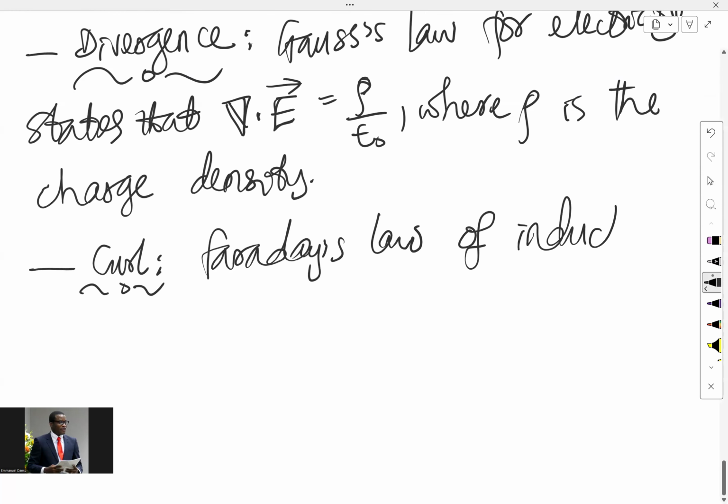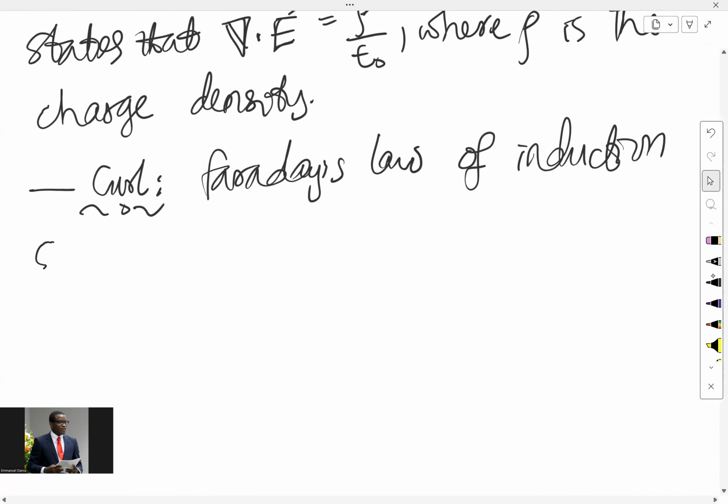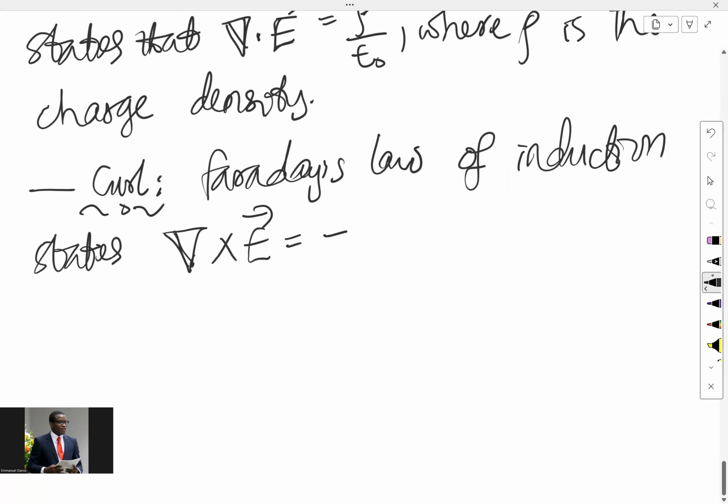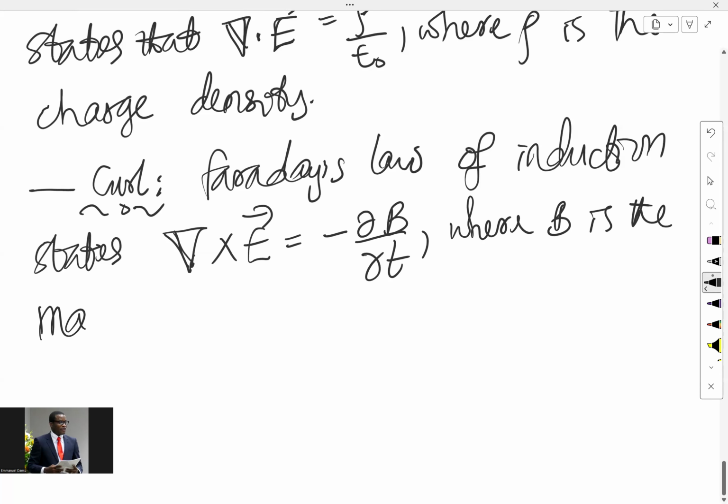Faraday's law of induction states that del cross the electric field is actually minus partial B, partial t, where B is the magnetic field.